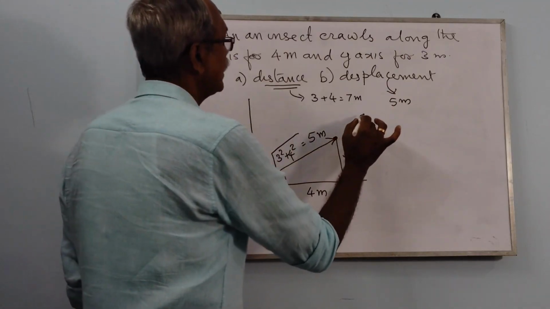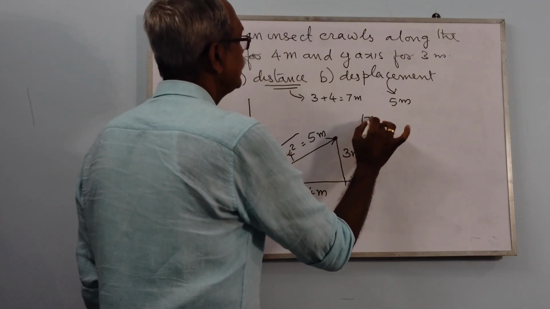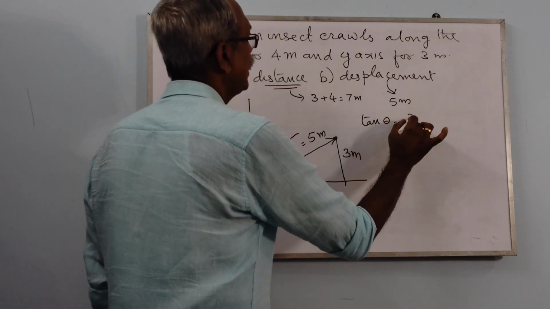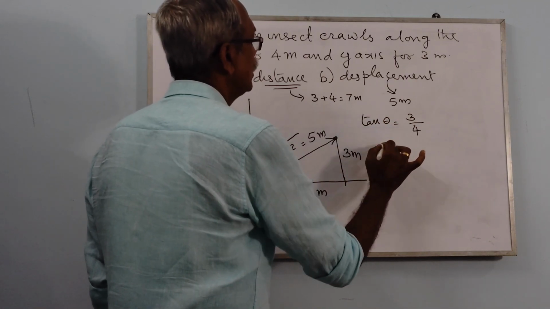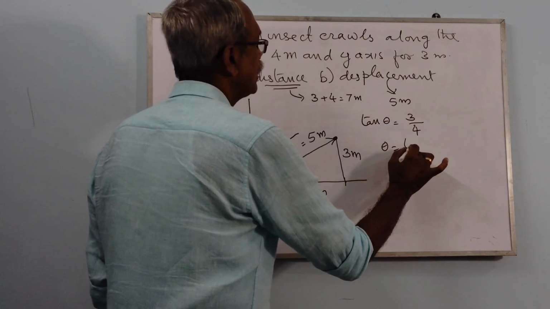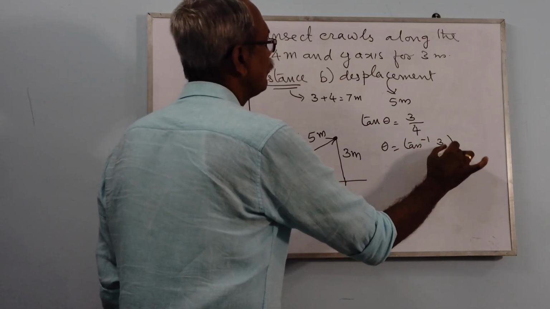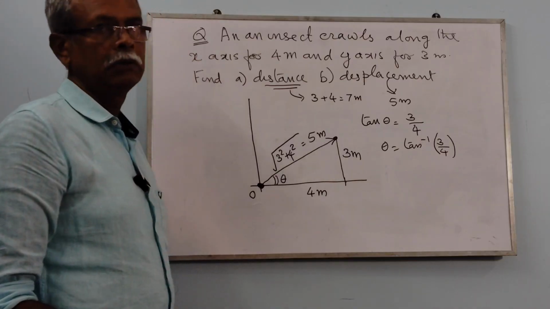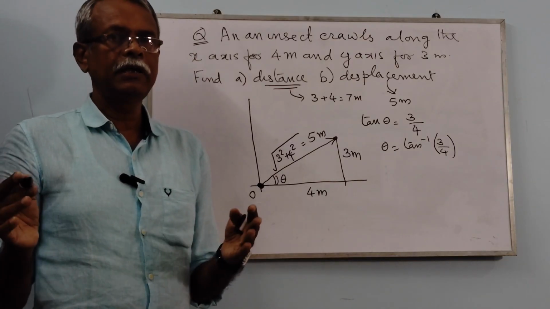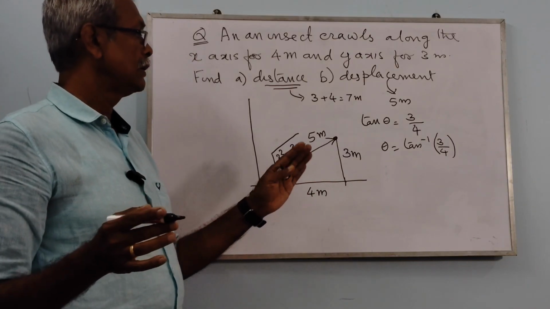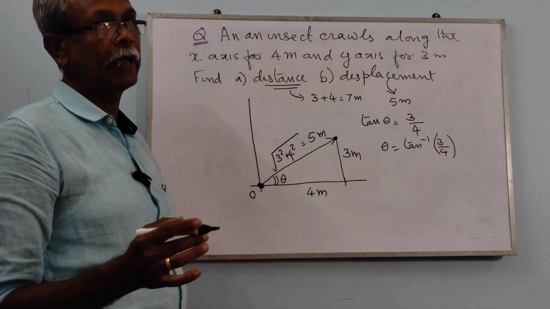And this angle theta, we know that tan theta is equal to 3 divided by 4, and theta is equal to tan inverse 3 divided by 4. Now I shall introduce an idea. This is a 3-4-5 triangle.